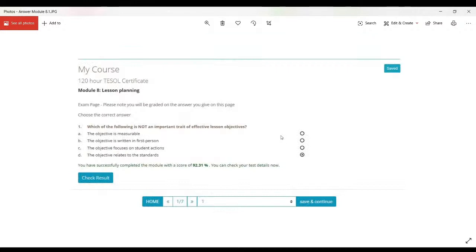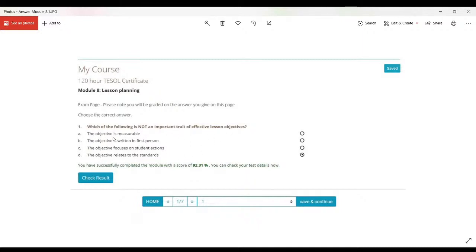Alright, question number 1. Sa Module 8 Lesson Planning, which of the following is not an important trait of effective lesson objectives? Okay, so the answer here is letter D. The objective relates to the standards. Alright, ang question dito is not, right? It means the first 3 are definitely important traits of effective lesson objectives.